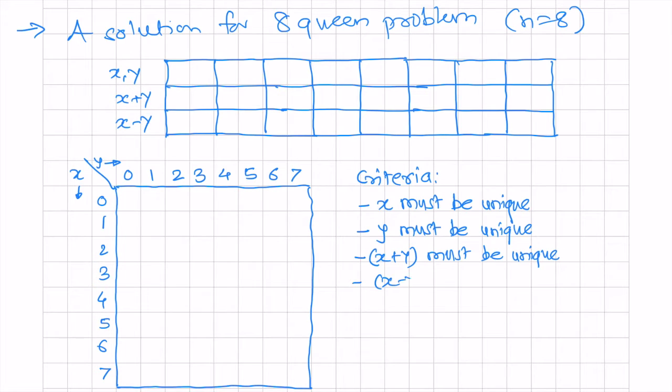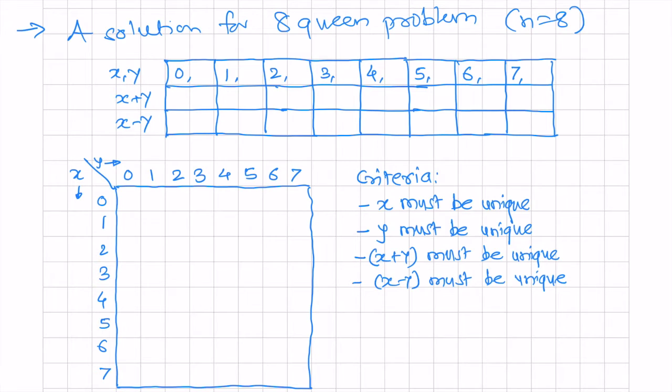And x minus y, the difference of the coordinates, must be unique. Now, knowing the criteria, let's try to fill in the table. Because the x values must be unique, we will have the values 0 to 7. So let me just put those here.